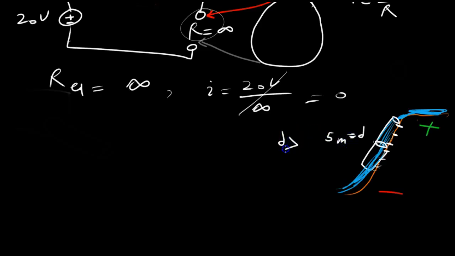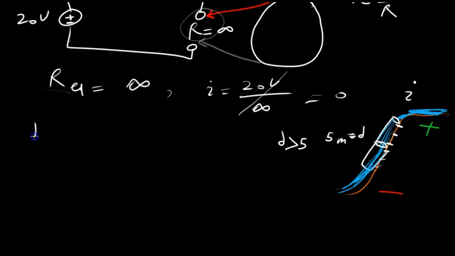If D is greater than 5 meters, what's going to happen? If you have a greater diameter, there's going to be less resistance to the flow of water, so you're going to have more water flowing through. I'll call this I, to draw a better analogy to the current.